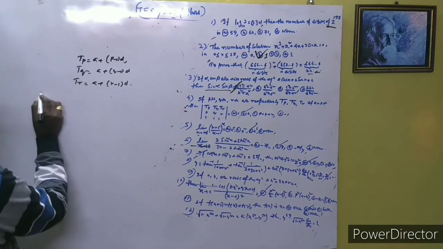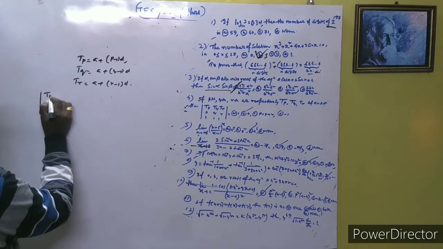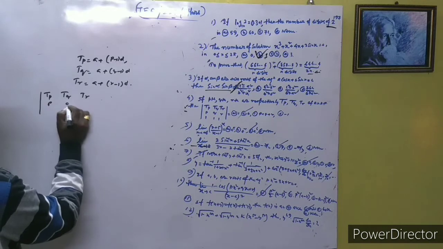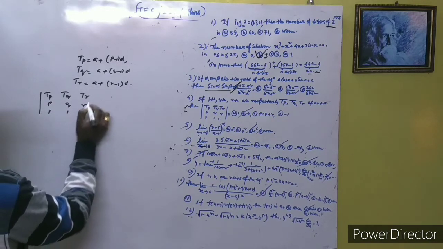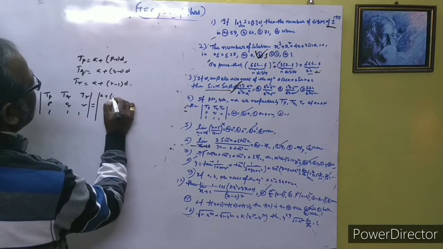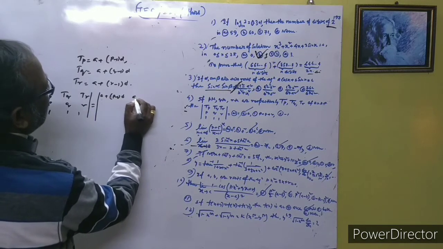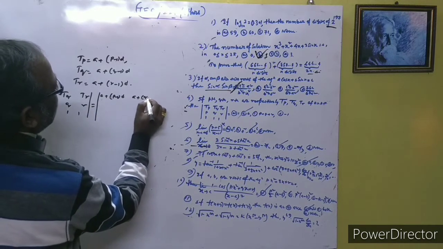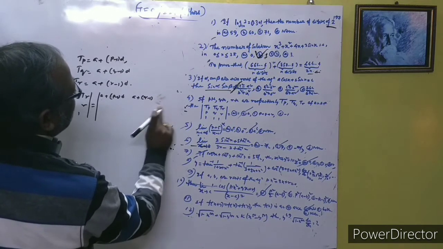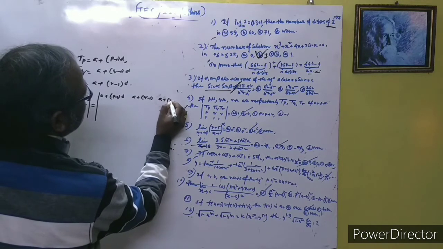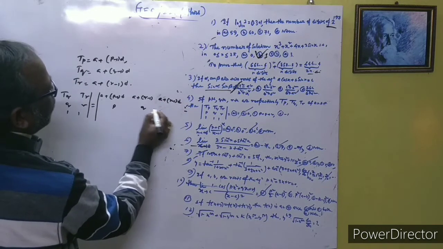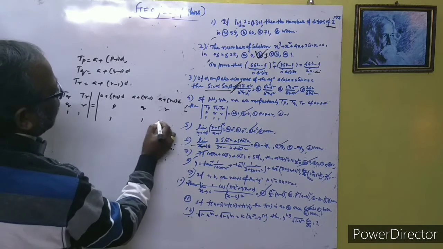So from that, this is the determinant with rows t suffix p, t q, t r; p q r; 1 1 1. That is equal to a plus p minus 1 into d, a plus q minus 1 into d, and a plus r minus 1 into d; also p q r; 1 1 1.